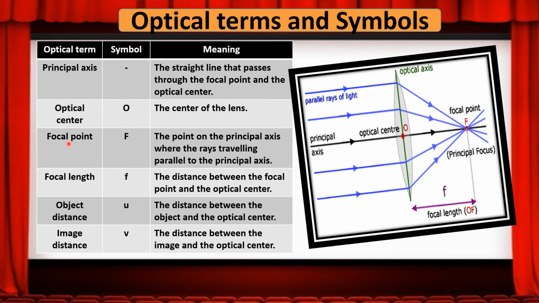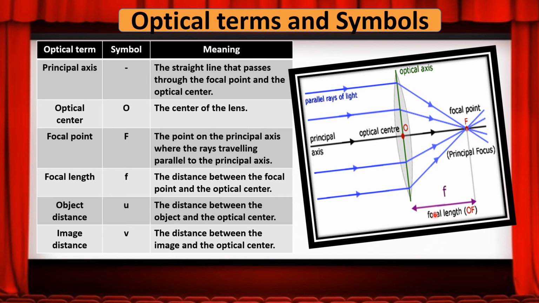Next, focal point. Everybody say focal point. Kindly read. The focal point is the point on the principal axis where the rays are traveling parallel to the principal axis, with the symbol of capital letter F. So where is the focal point here?